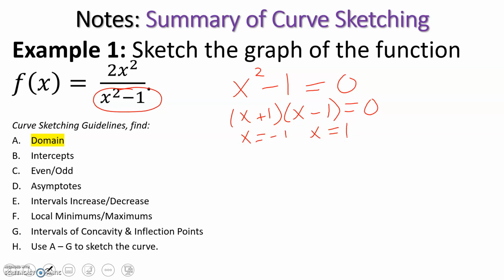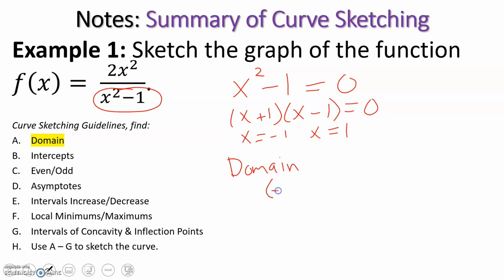So that means we have these vertical asymptotes at negative 1 and 1. Those are not in our domain. So we are going to say that our domain here is all real numbers such that x is not negative 1 or 1.